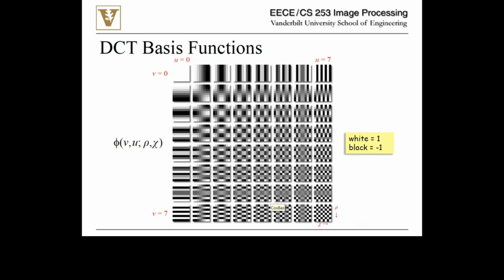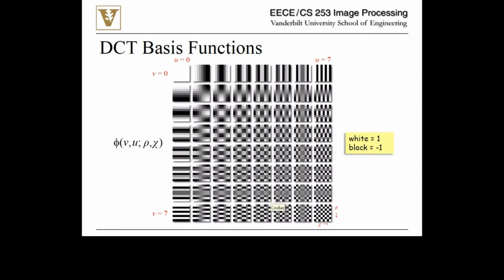In some texts the frequencies are called V and U, but I prefer omega x, omega y. I think it is more clear. Here you have low frequency, here you have very high frequency, and in this direction you are increasing the horizontal frequency, in this direction you are increasing the vertical frequency.